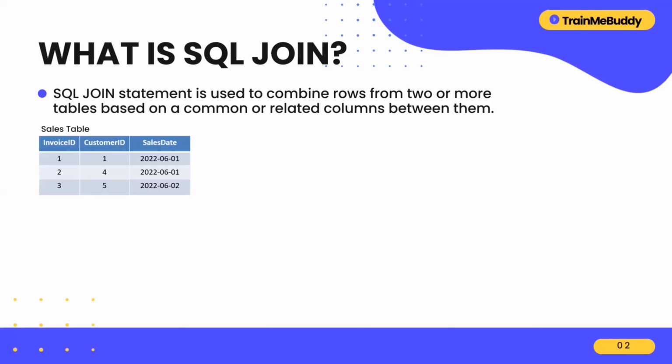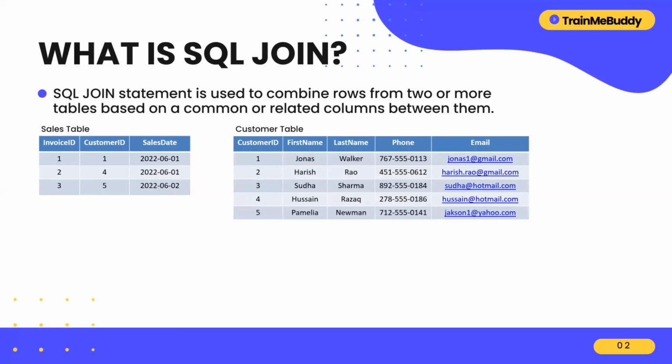Let's say we have a sales table which is holding the invoice ID, customer ID, and sales date of a sales transaction. And we have a customer table which is holding the customer ID, first name, last name, phone, and email of the customer. Let's say we want to get the data from both the sales and customer tables to get the sales transaction detail with the customer name and phone.